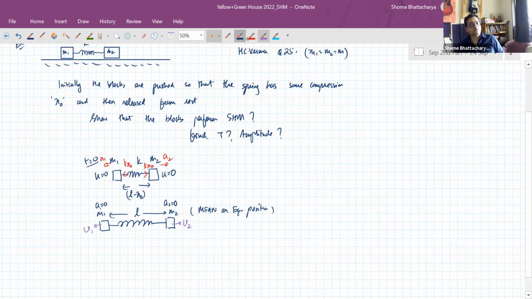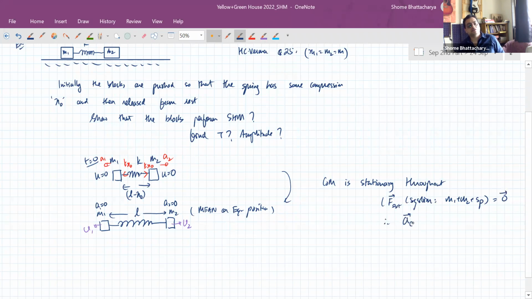Now you will see that the center of mass is stationary throughout, because the external force on the system, being the blocks plus the spring, is equal to 0, and therefore the acceleration of the center of mass is 0, and the center of mass is at rest initially.